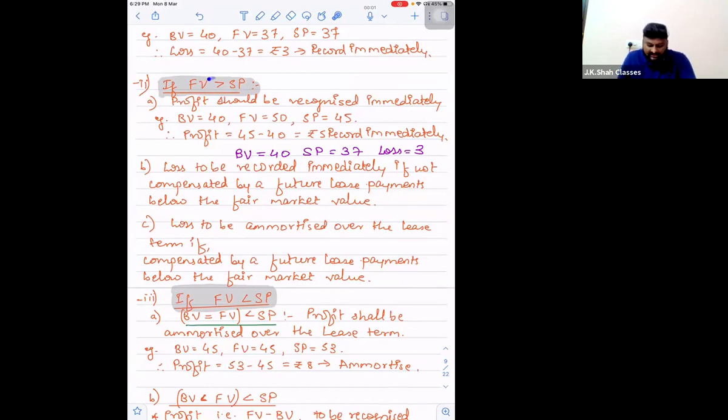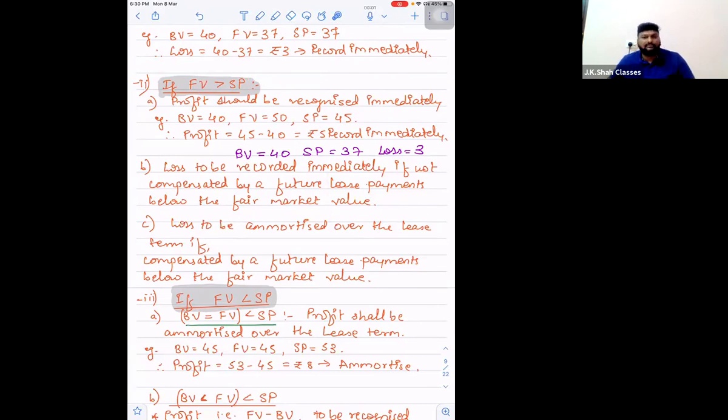Full stop. And this is over. No need even to see this. This point we are checking only for one reason: if my selling price is greater than the fair value, the difference of selling price and fair value will be amortized. But if the selling price is less, topic is over. Topic is over. Don't even see this again.